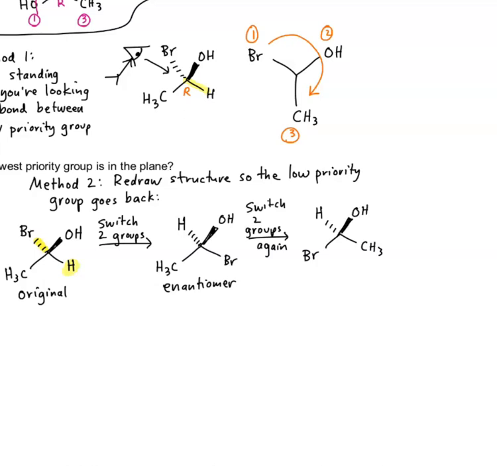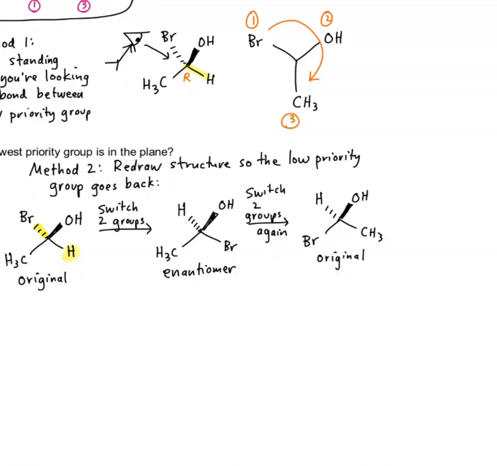So you want to leave that one alone. That's going to give you the original back again. And so now it's easy to make the assignment. So 1, 2, 3. And we've just confirmed that this is in fact still R.